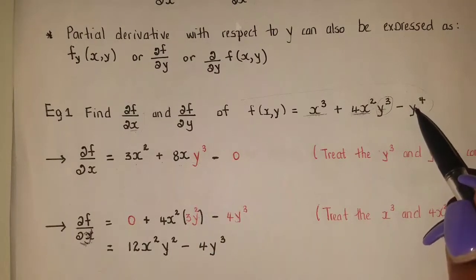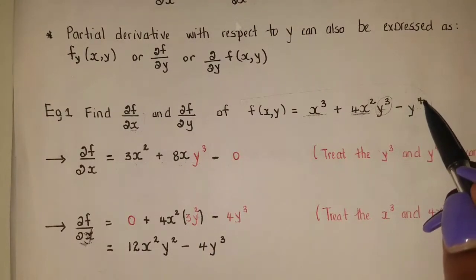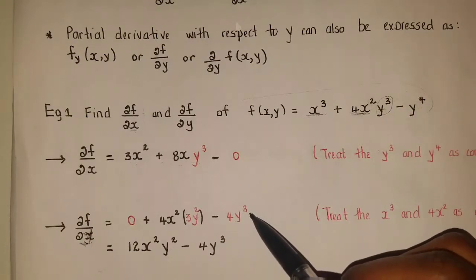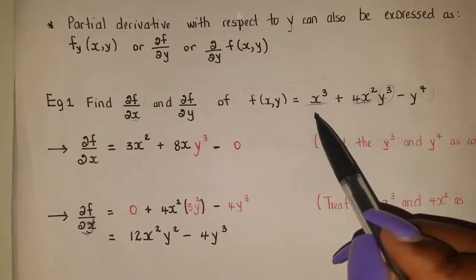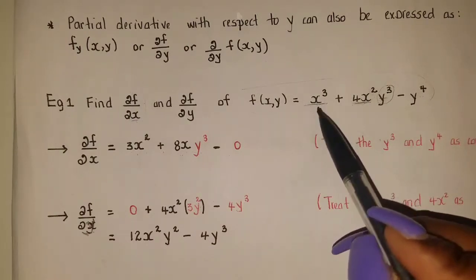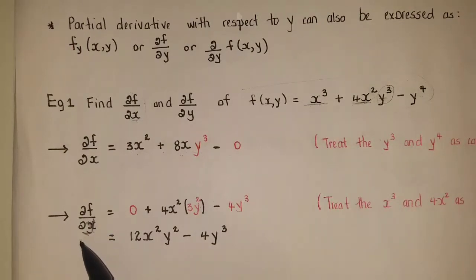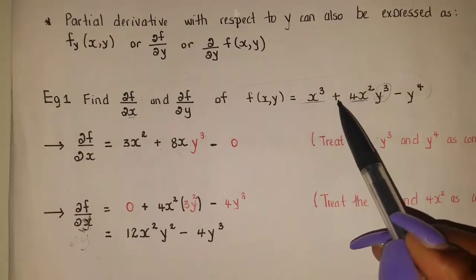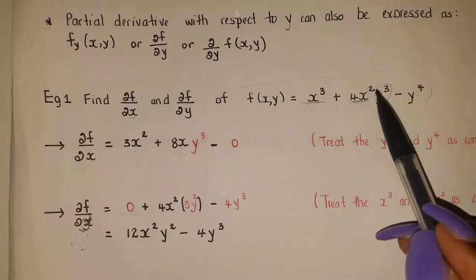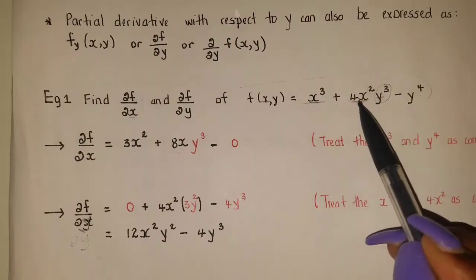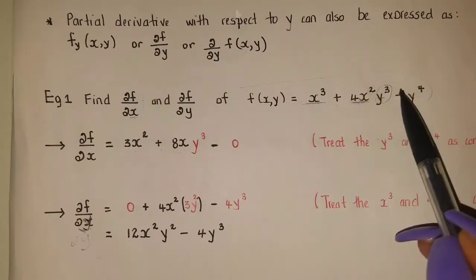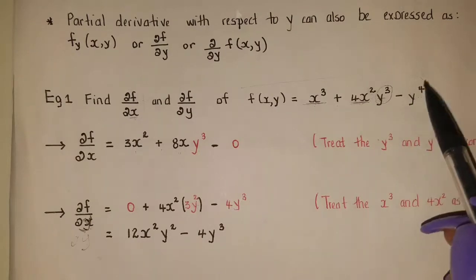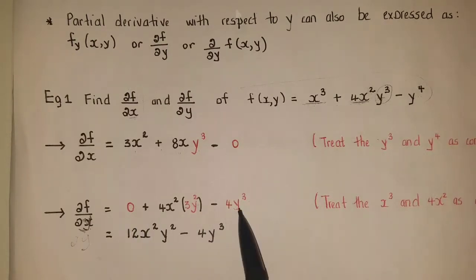And going over to this negative y to the 4 is simply minus 4y cubed. So that now gives us the partial derivative with respect to y to be 0 plus 3y squared times 4x squared minus 4y cubed, as seen here.